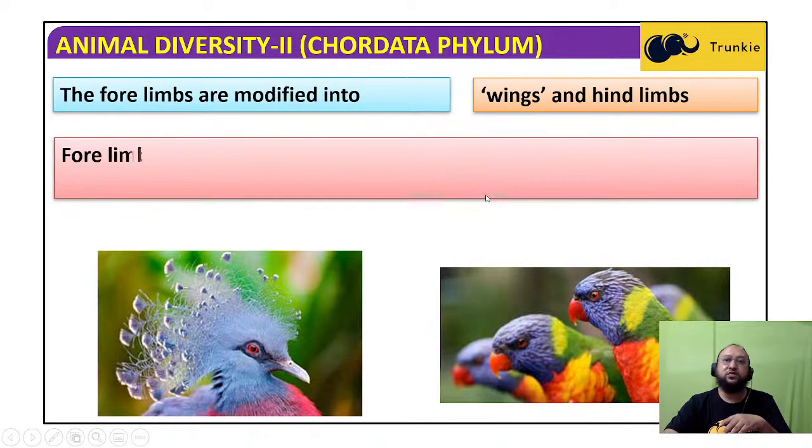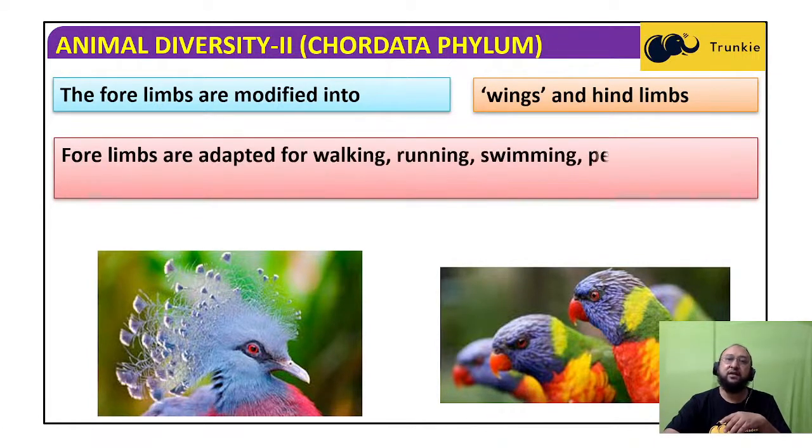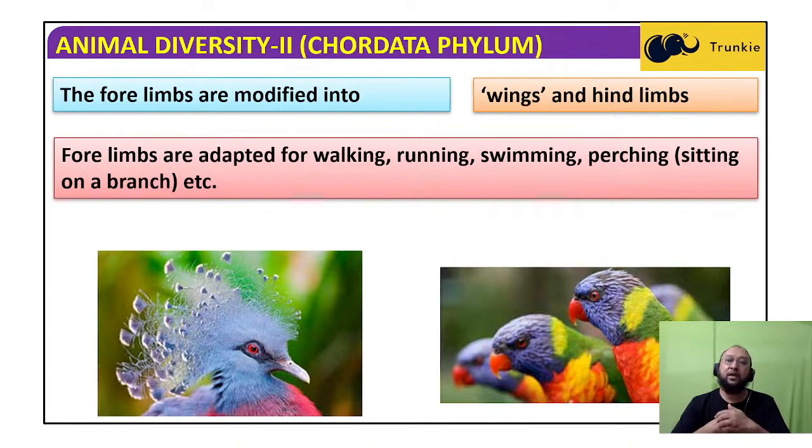Forelimbs are modified into wings, and hind limbs are adapted for walking, running, swimming, perching, and sitting on a branch. This is written wrong here.